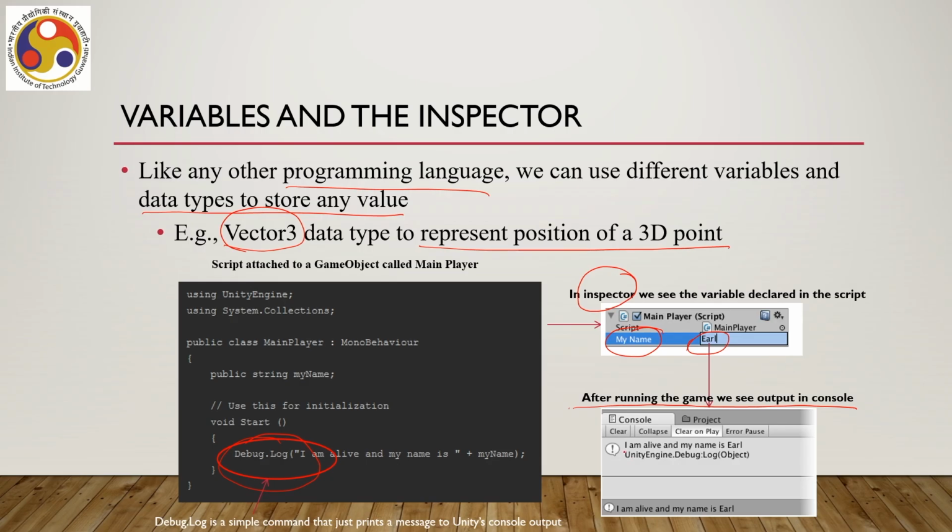Say here, I am alive and my name is Earl. So, this development environment lets you see the script by double clicking on the script asset, check the variable values separately using the inspector interface, and also see the output on the console. All these facilities are provided just like any other programming environment.